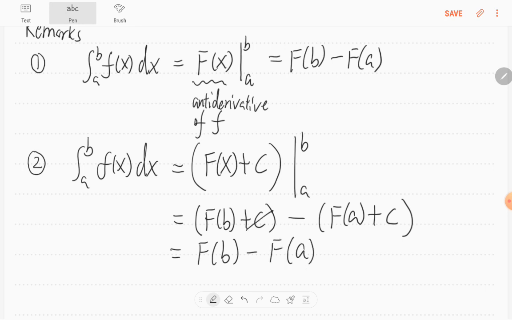You see the C will be cancelled out. So in other words, if you want to evaluate the definite integral, you just need to find one antiderivative. Most of the time we will use the antiderivative without any constant, because at last the constant will be cancelled out.